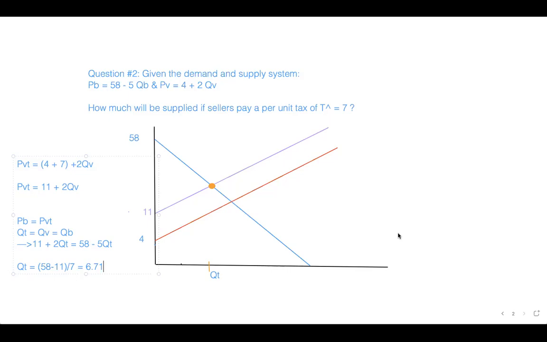Okay, I'll put the hint down here. Good job. So that's the after-tax equilibrium quantity, and that's how you find it.